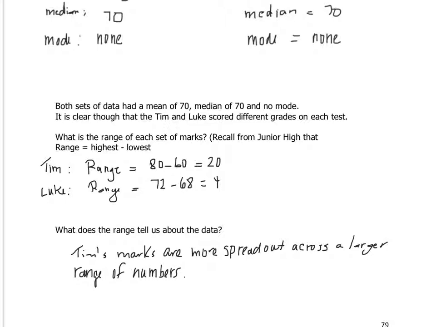And also, I guess you couldn't say in this case, because both of them had a mean of 70, but Luke is probably a little bit more consistent with his marks, because his range was a lot smaller.